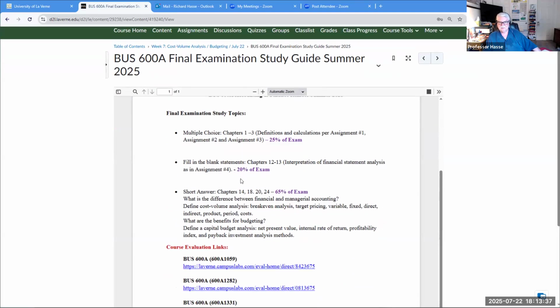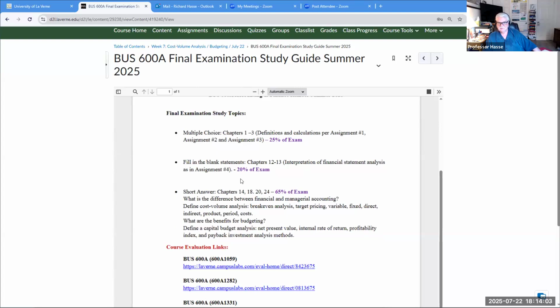A multiple choice section with a quarter of the grade, which will cover chapters 1 through 3, definitions and calculations from assignments 1, 2, and 3. I'll basically take some multiple choice questions defining the accounting cycle, and you'll be doing some work in those multiple choice formats, which is a quarter of the exam.